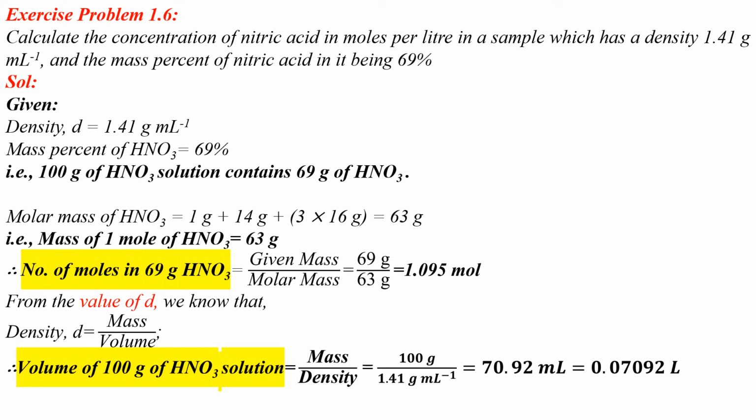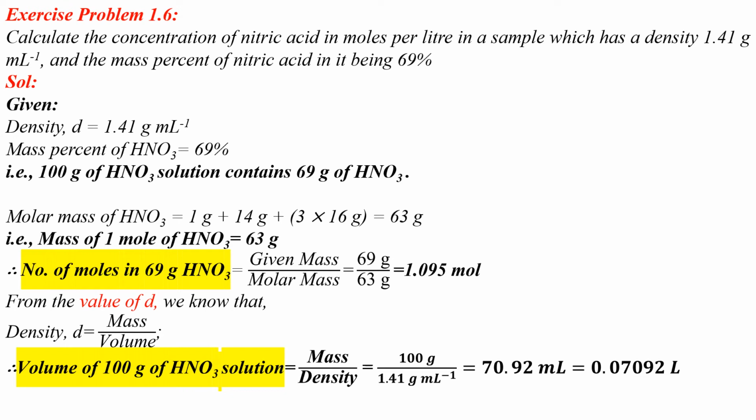So the mass of the nitric acid solution is taken as 100 grams, isn't it? But we must find out the volume of the solution in order to calculate molarity, right?